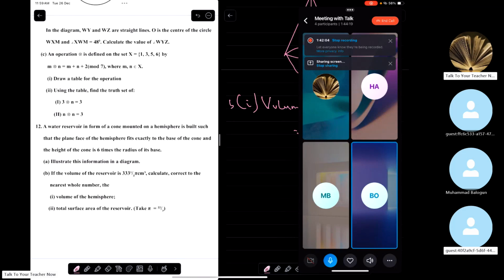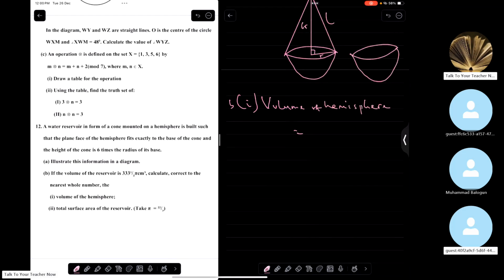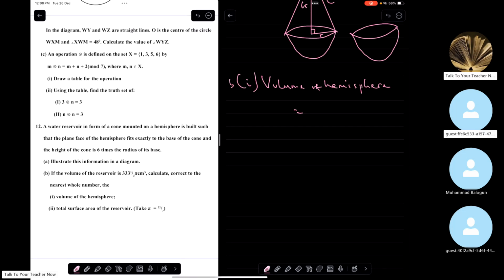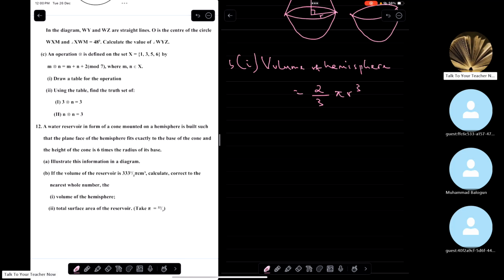Yeah, I'm there. Volume of the sphere. 4 pi r cube or something like that. No. The volume of a sphere is 4 over 3 pi r cubed. Yes, sir. So half of that is going to be 2 over 3 pi r cubed. So the volume of the hemisphere is 2 over 3 pi r cubed, right?